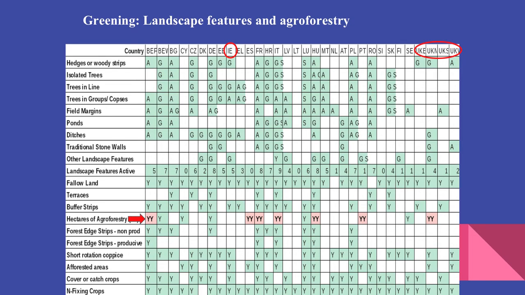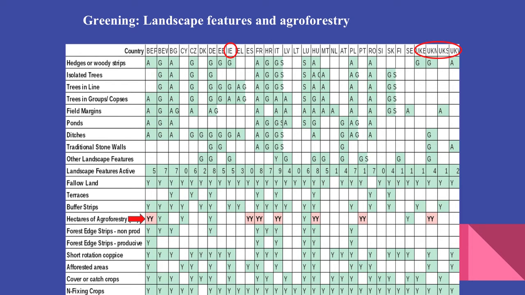If we look at Ireland now, which is the IE, it's this one there. Sorry, I can't point. Ireland has triggered, as greening measures, hedges or woody strips, trees in line, trees in groups or copses, which is good. But it didn't trigger agroforestry.